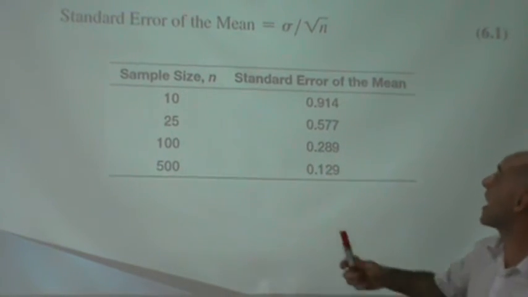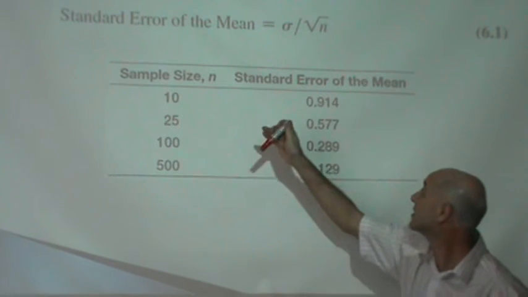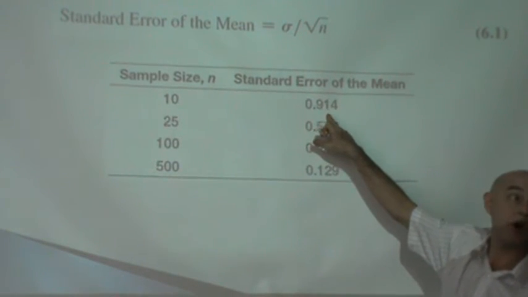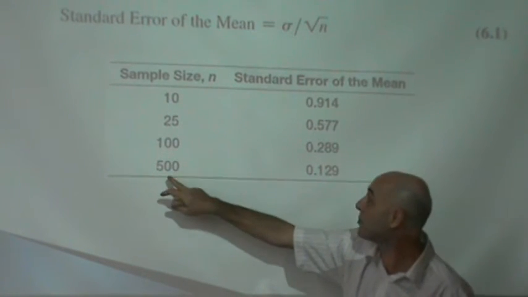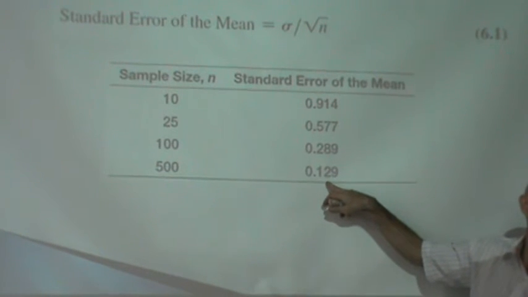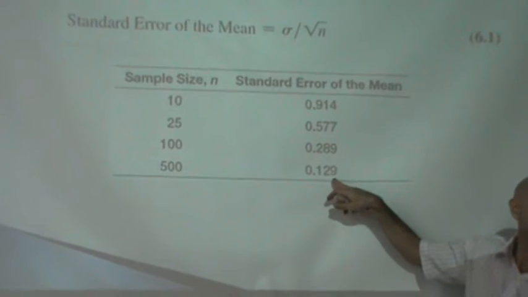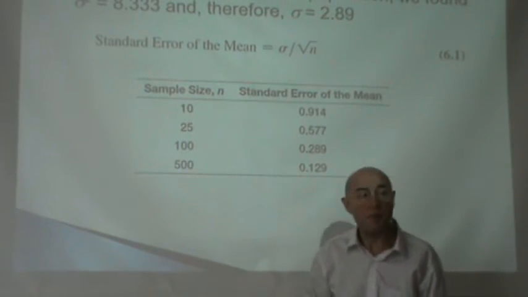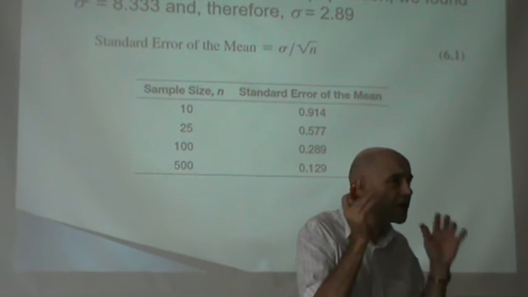Now if your sample size is 10, the standard error is going to be large, 0.9. If the sample size is 500, your standard error is going to be 0.1 or 0.129. So basically it's going to give you a range.